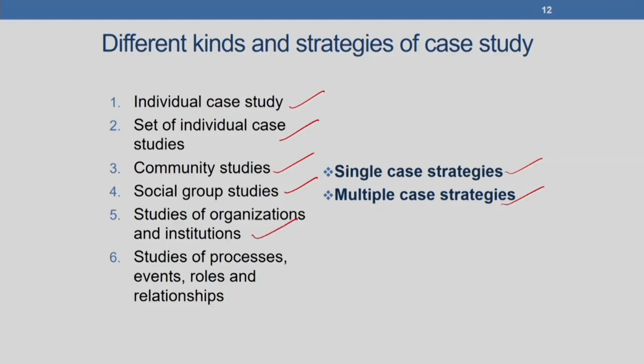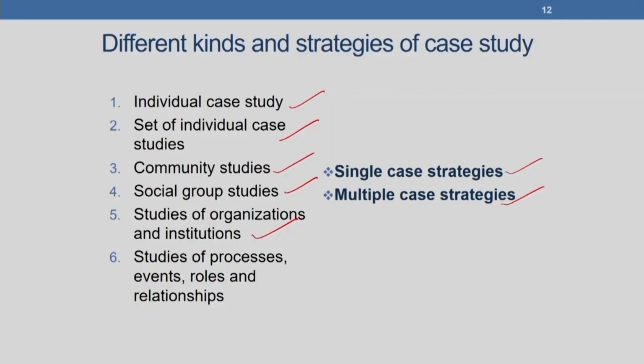Studies of organizations and institutions. To make this example more relatable to the audience taking this course, in the specific example of malnourishment related deaths, if we are trying to look at the entire gamut of health institutions catering to issues of malnourishment, and we take up the case of the first level of health institutions that cater immediately to the health of the children in a certain location or region, that could form a part of studies of organizations and institutions.